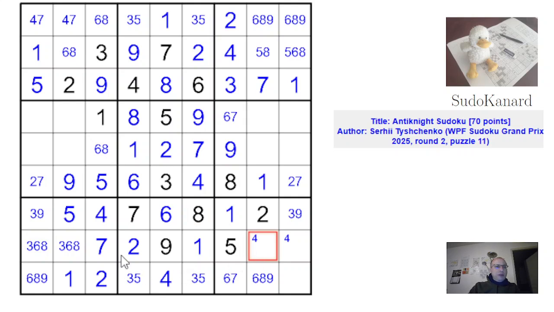Perhaps I'm too heavy on pencil marking. Perhaps this is needed. Wow. And I could be missing some eliminations. This happens a lot when I solve Antiknight.